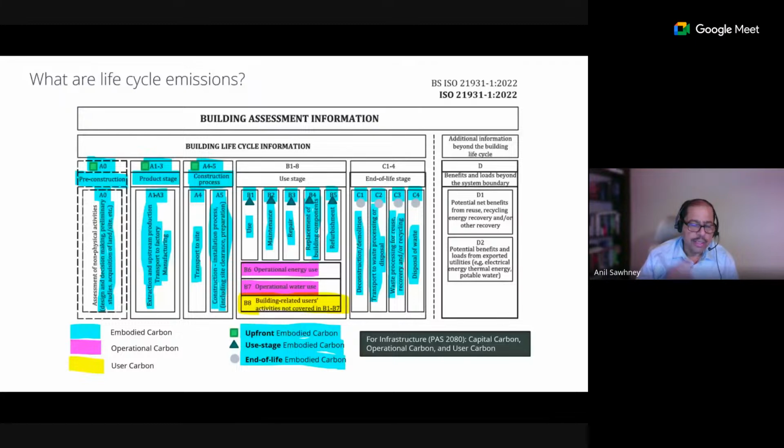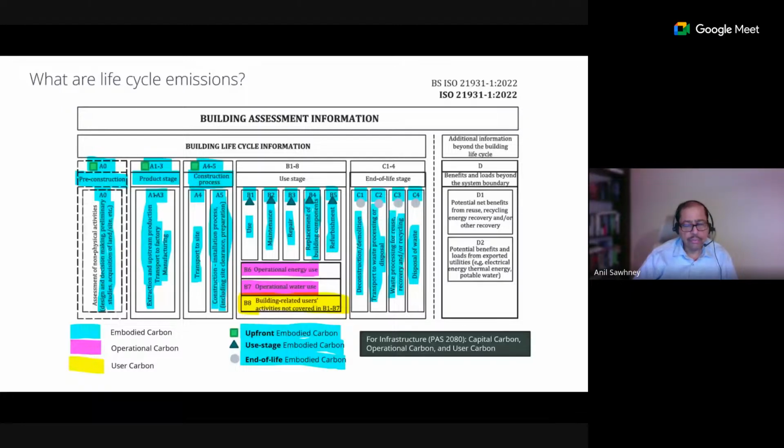In the same way, they don't want to call it embodied carbon. They think of that as capital carbon, carbon that is spent during construction, carbon emissions that are released during construction. So you may come across somebody using the term capital carbon instead of embodied carbon. But otherwise, this is a pretty standard. This is based on ISO standard.